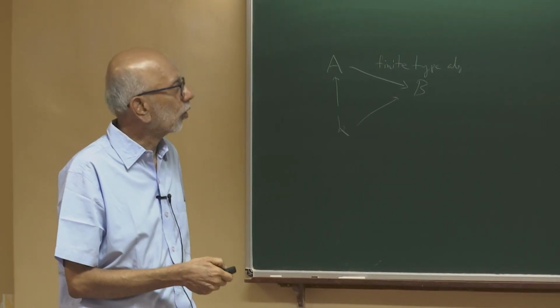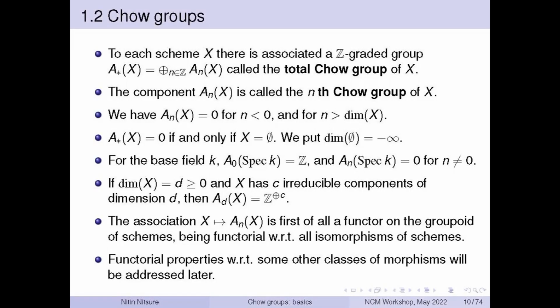So what does this Chow homology do? It starts with one such scheme and makes from it a graded abelian group, Z-graded. That's called the total Chow group. And its various components are called the nth Chow group, depending on what n is. Now this is 0 on the negative side, and it is also 0 beyond the dimension.